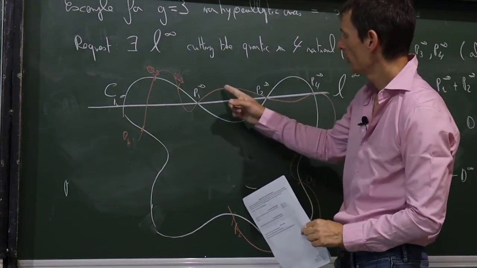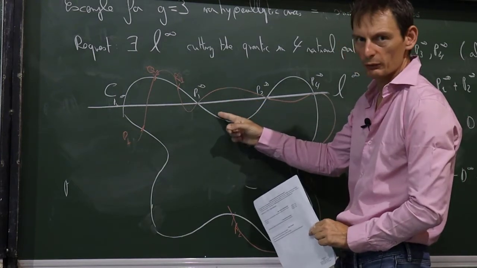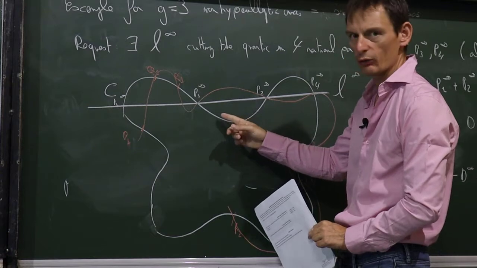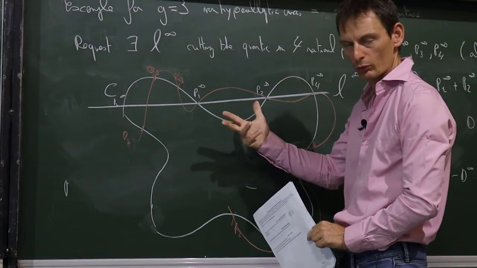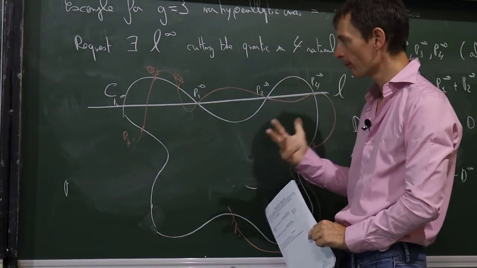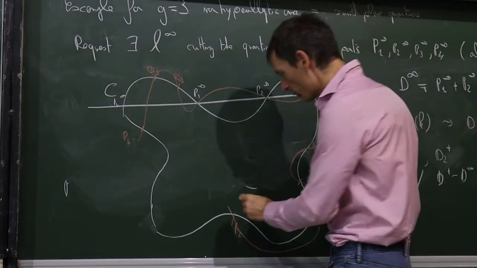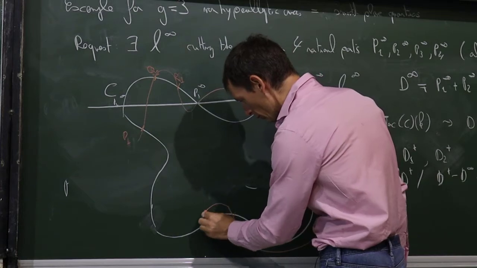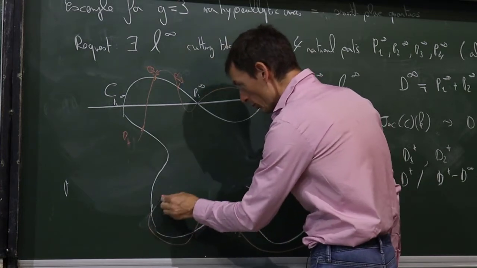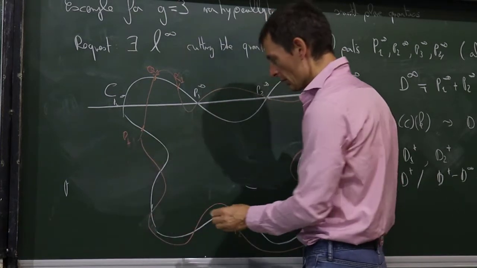And of course now what? You have a curve of degree 3 and a curve of degree 4. What Bézout's theorem tells you is that the number of intersections should be 3 times 4, 12. You have already 9 of them, so you're left with 3 extra points. 1, 2, 3.